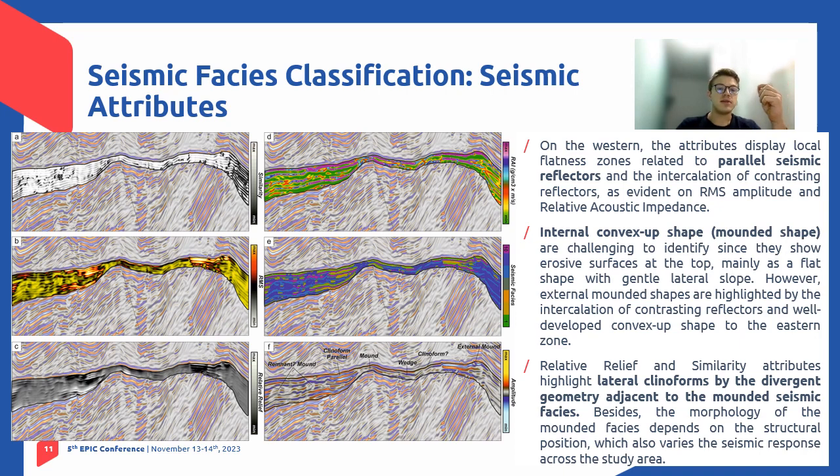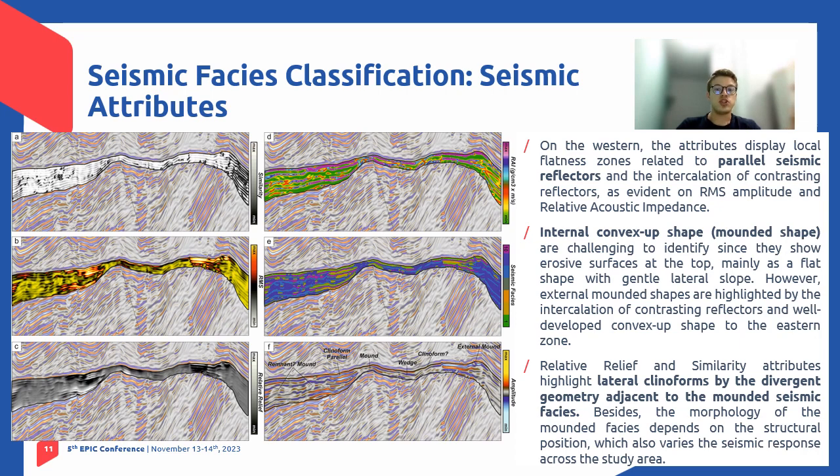Relative relief and similarity help us to highlight the lateral clinoforms, in this case, and this one and this one, by the divergent geometries and the characteristic that is really adjacent to the mounded seismic facies.